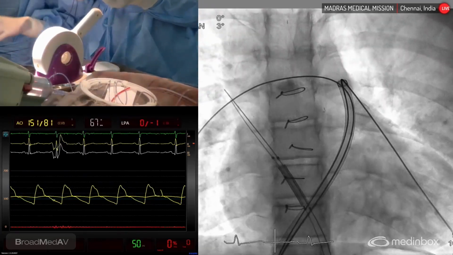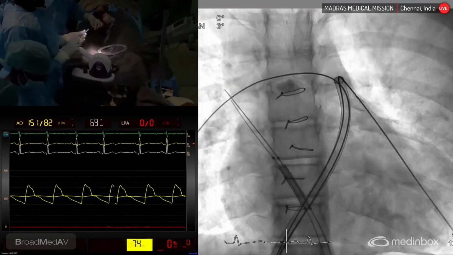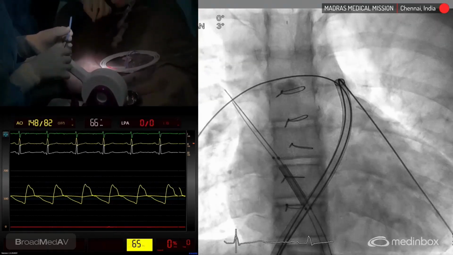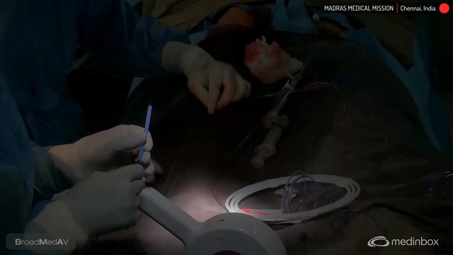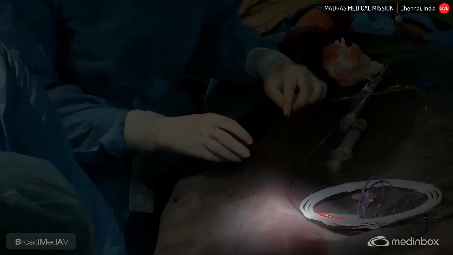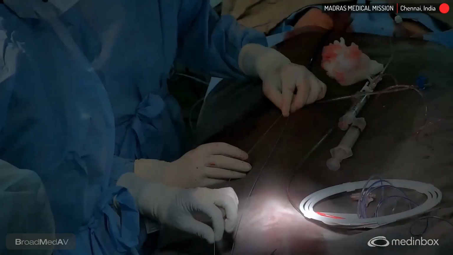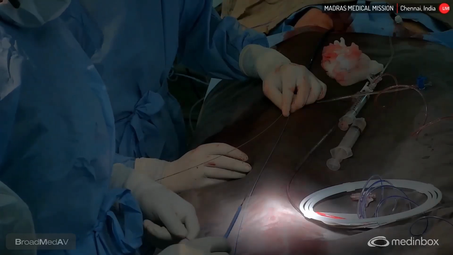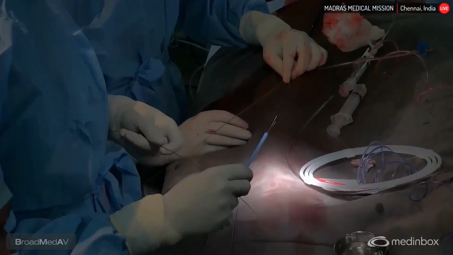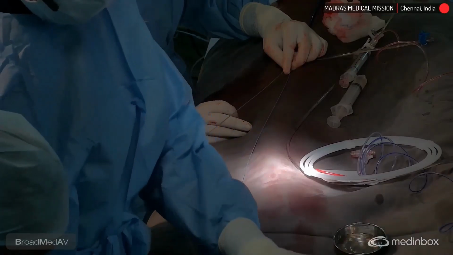We are now putting in a sleeve, a 14 French sleeve, which will be protecting the two stents. And now we'll take out both the wires now.